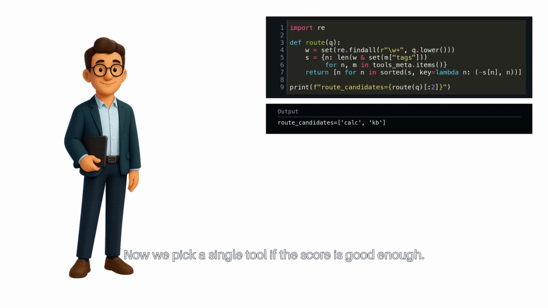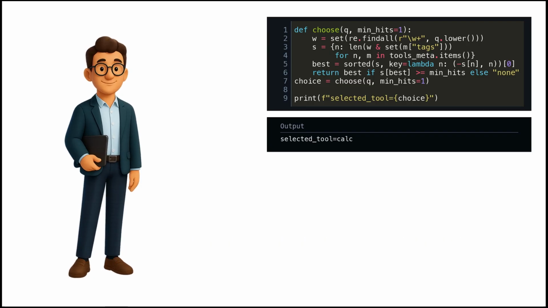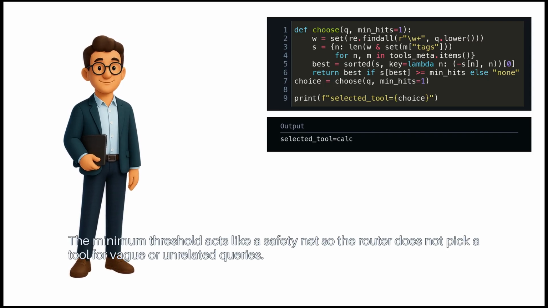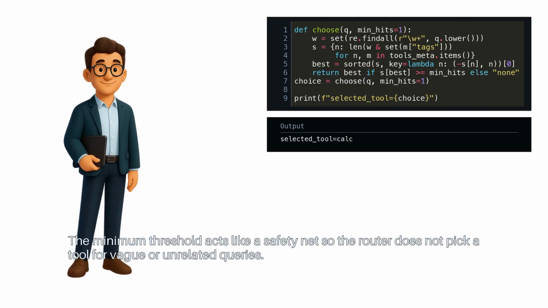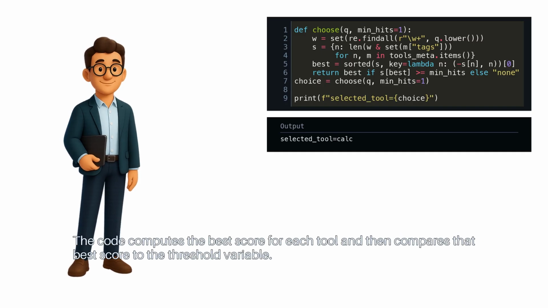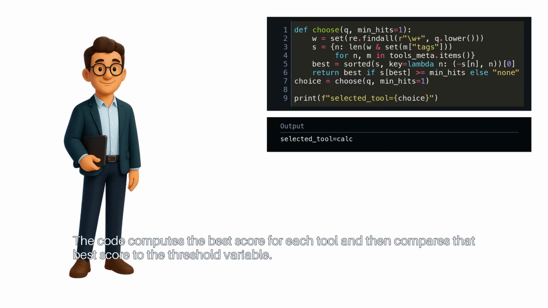Now we pick a single tool if the score is good enough. This snippet selects a tool using regex-powered matching with a minimum threshold. This snippet looks at the top-ranked tool and verifies its score meets a configured minimum confidence value. The minimum threshold acts like a safety net, so the router does not pick a tool for vague or unrelated queries. The code computes the best score for each tool and then compares that best score to the threshold variable.